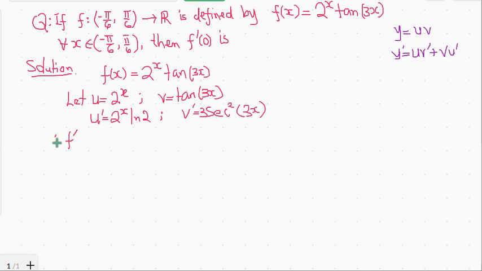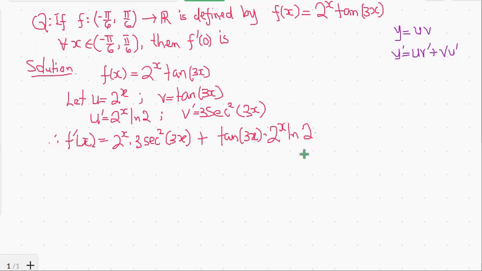So therefore, f prime of x will be equal to u, which is 2 raised to the power x, times v prime, that is 3 sec squared 3x, plus v, which is tan 3x, times u prime, and u prime is 2 raised to the power x ln 2, log to the base e of 2.